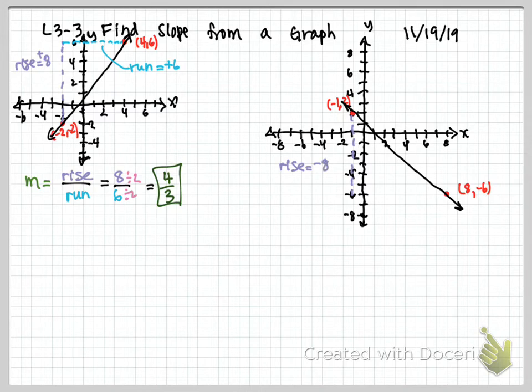And then my run is going to go over till I bump into that second point. My run is going to be a positive, because I went to the right, 1, 2, 3, 4, 5, 6, 7, 8, 9. Okay, so now I'm going to figure out slope, and it's going to be rise over run.